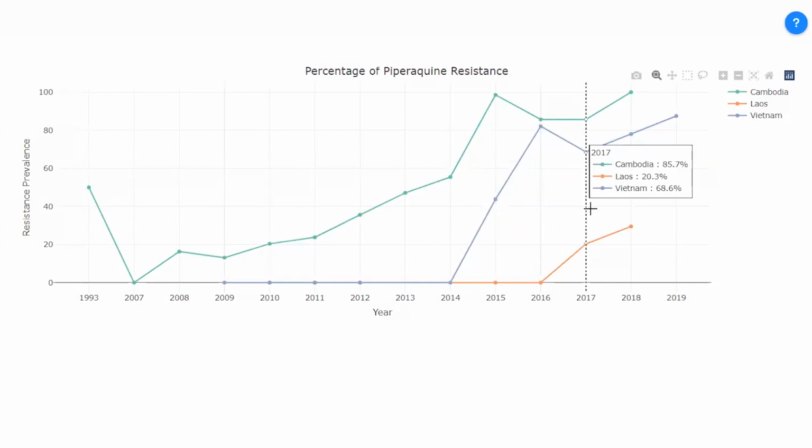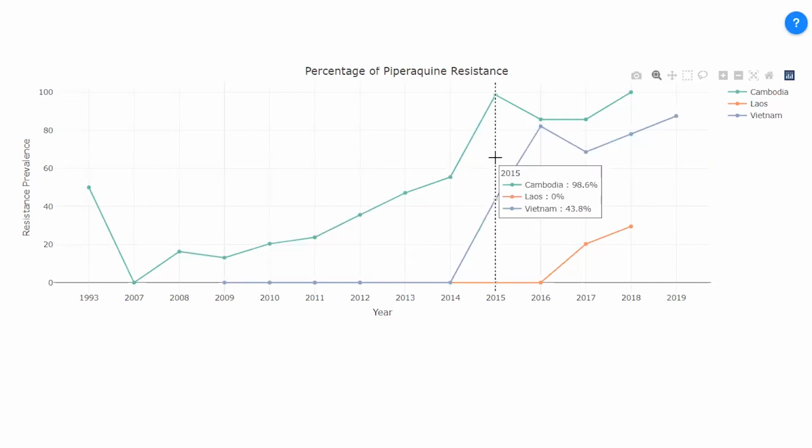So we can see piperaquine resistance increasing in these countries as well, despite Laos having used artemether lumefantrine within this period, which is a different drug. So this demonstrates a spillover of resistance.